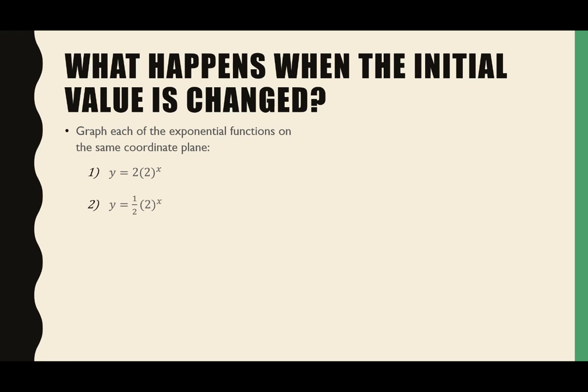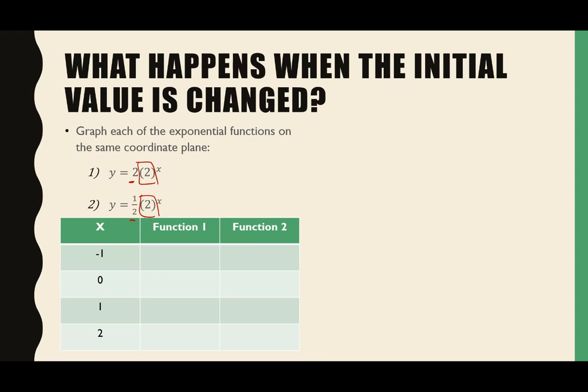And now we're going to take a look at our rates are the same. What happens if a is now a fraction? Does that have a tremendous effect on my graph? Now remember, this is my kind of standard function, and my initial value is 2, and it's doubling every time. So these values were from previous slides.